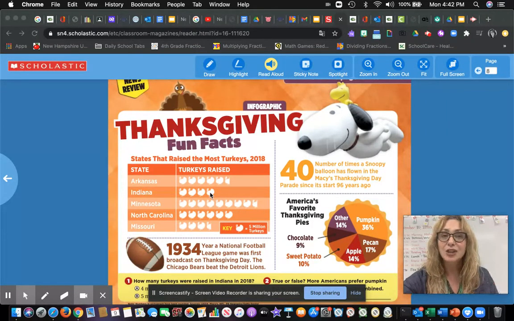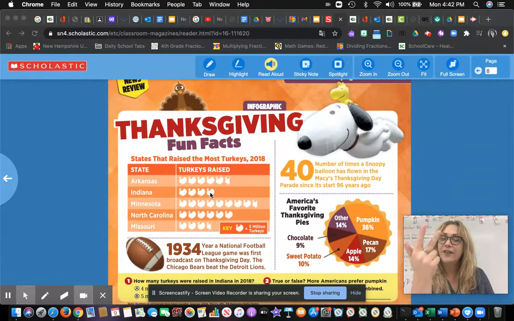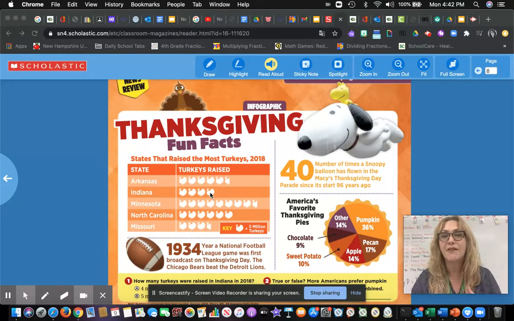So when you're reading graphs, you need to A, look at the title, and B, find a key, because it wouldn't make sense if Indiana only had 4 turkeys raised for the whole state. But if we're talking about 5, 10, 15, 20 million turkeys, that makes so much more sense to me. So look for the key and the title to help you understand the graph better.